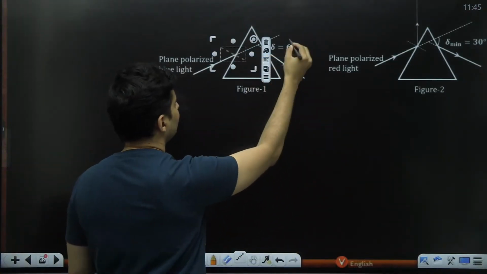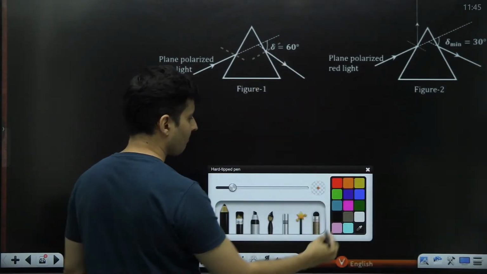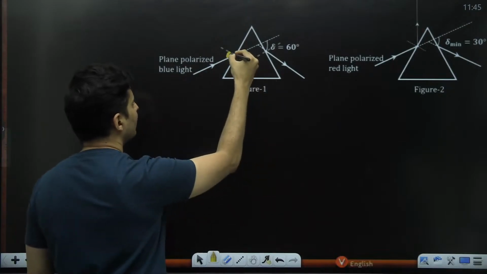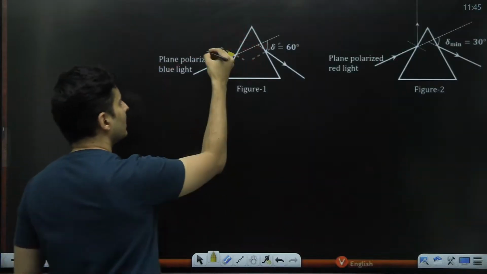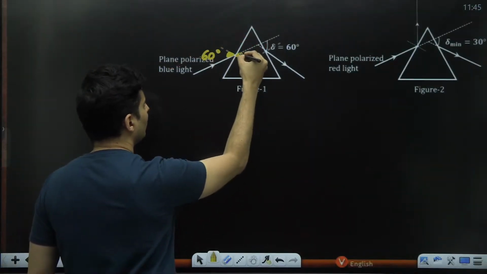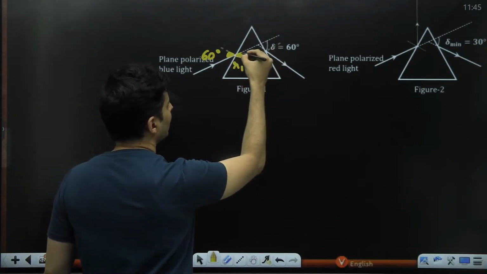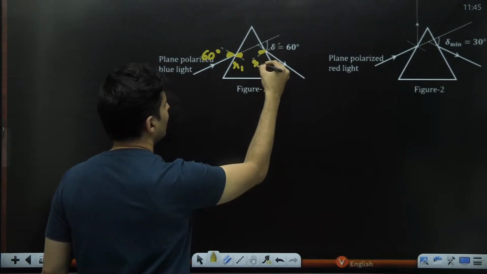let us see. Let us draw all these lines. This angle of incidence, we just figured it out over here. What was it? 60 degrees. So this was basically 60 degrees. This angle over here will be R1. Okay, and the ray will go like that. This angle over here will be R2.